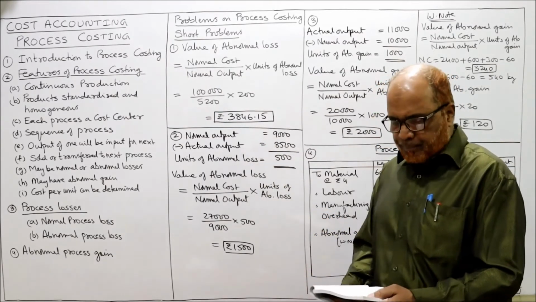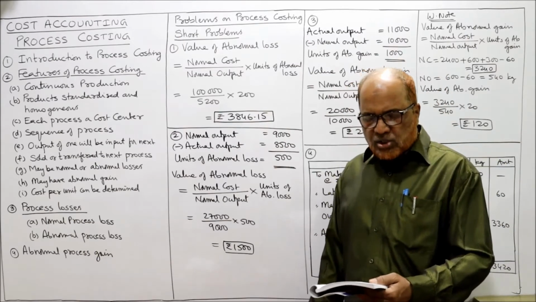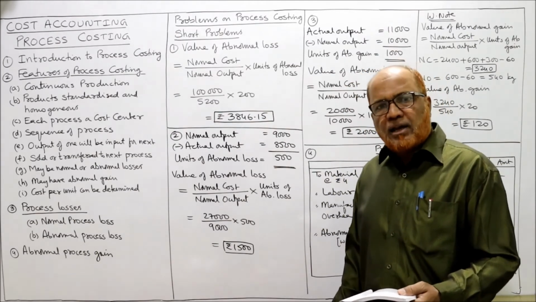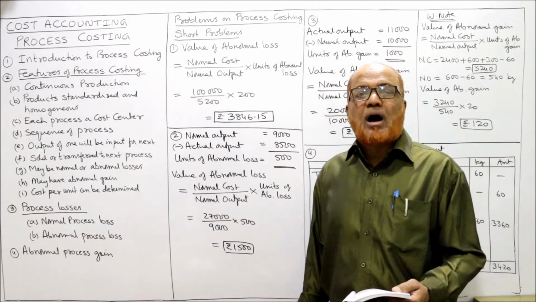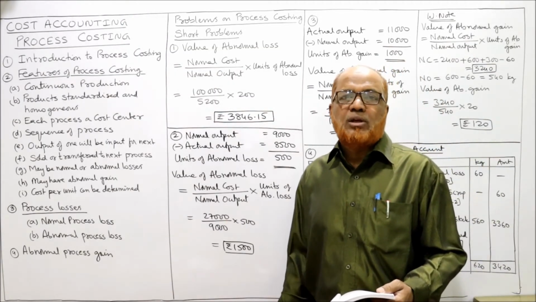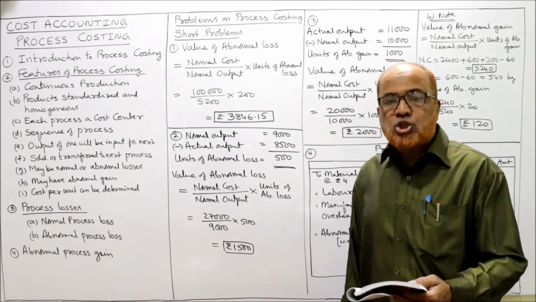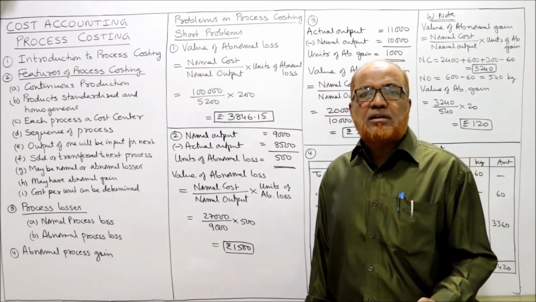Now second problem. Calculate the cost of abnormal loss. Again, value of abnormal loss we have to find out from the figures given below. Normal output 9000 units, actual output 8500.